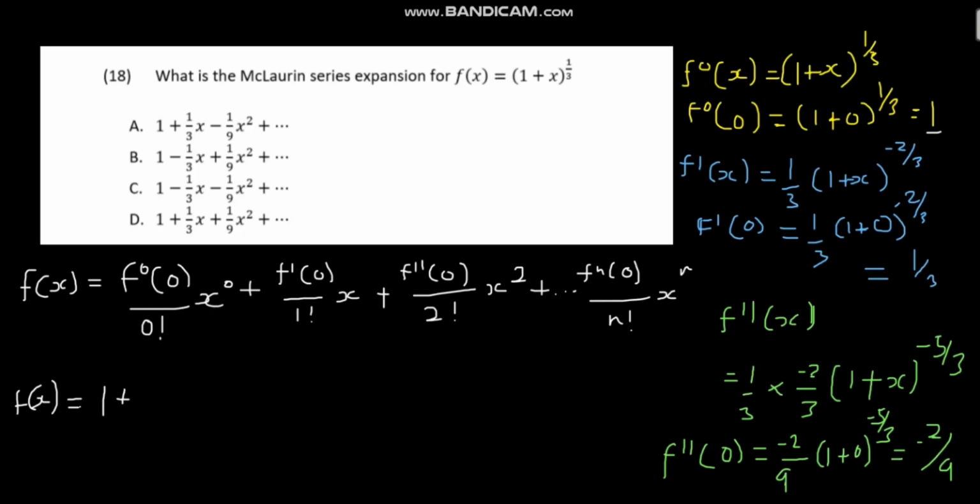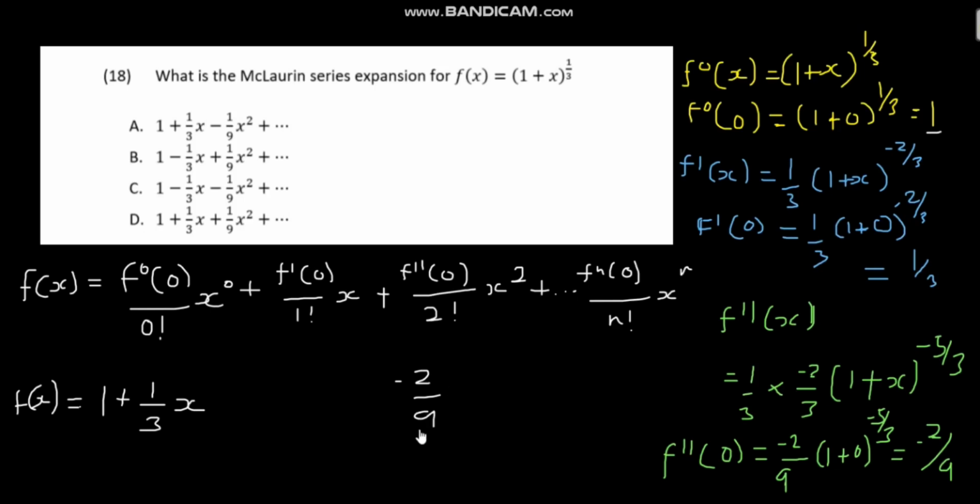Plus the first derivative of the function at 0 divided by 1 factorial. For the first derivative of the function at 0, we got 1 over 3, divided by 1 factorial, which is still 1 over 3. So that will be plus 1 over 3 times x. Okay, and then let's see what comes next. That's the second derivative of the function at 0 divided by 2 factorial, and for the second derivative we got minus 2 over 9.